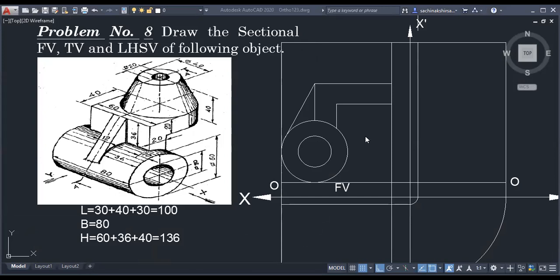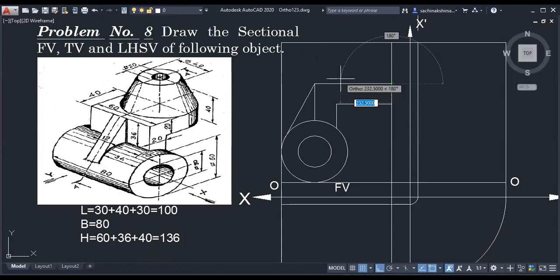Okay. So radius is 30. So from here, it will come somewhere here. Okay. And for the top also, 40 diameter is there. So it will be joined something like this here.